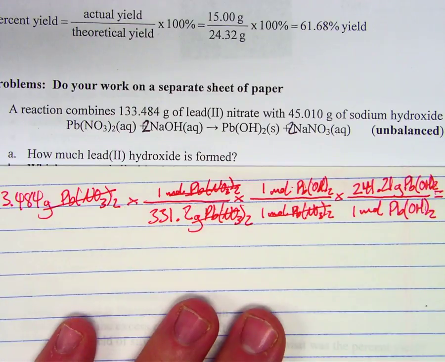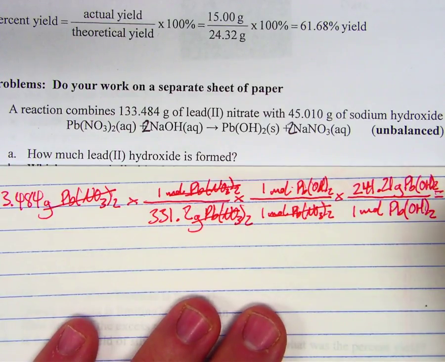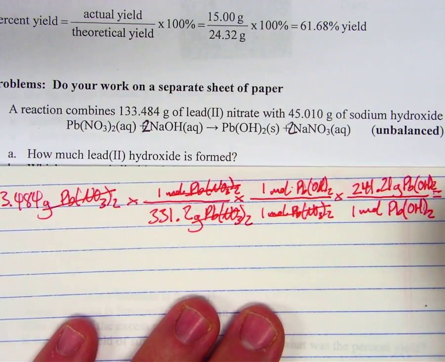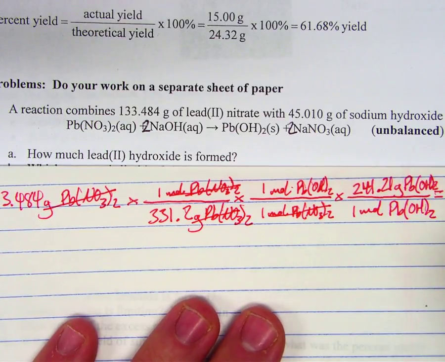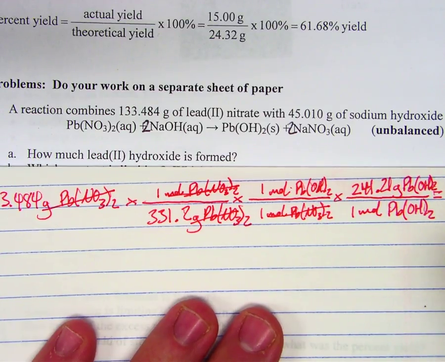So once I multiply through there, I will get 97.2152 grams of Pb(OH)2.